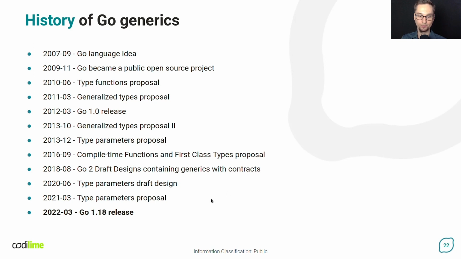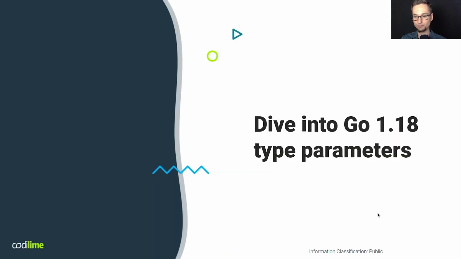So only the last proposal, which is type parameters, that was introduced in 2020, was accepted, and will be added to the Go 1.18 release, which is planned to be published later this month. So let's dive into the type parameters proposal.